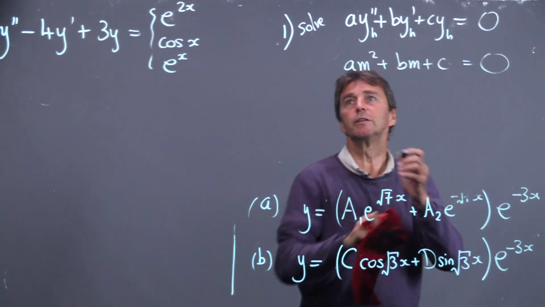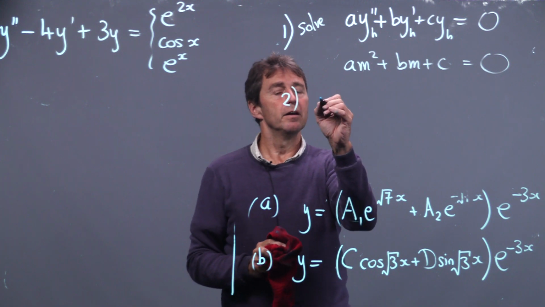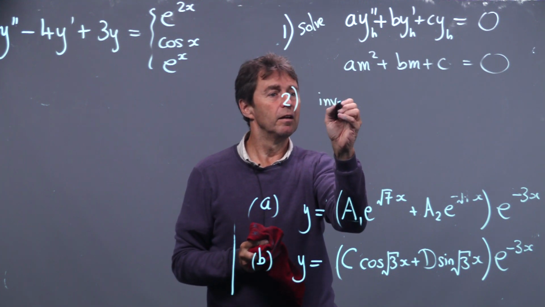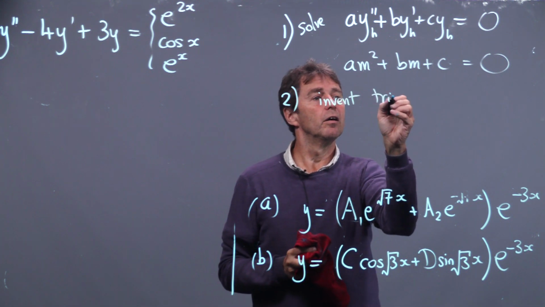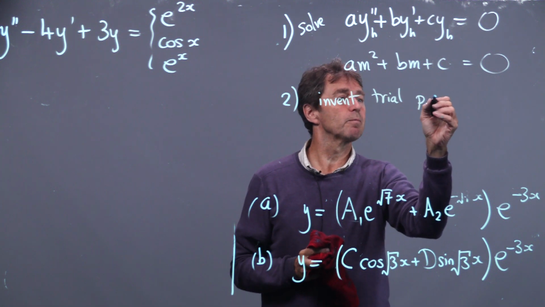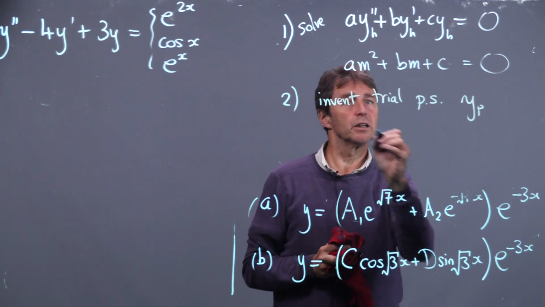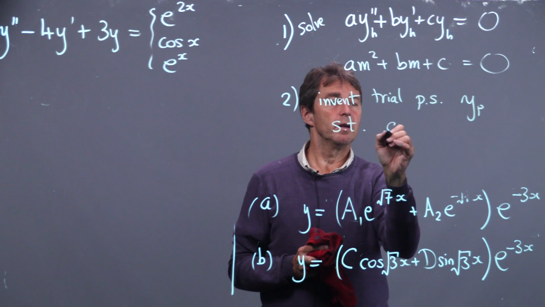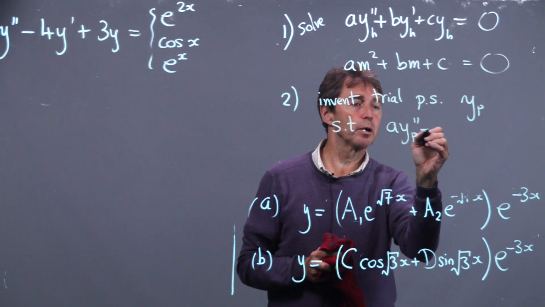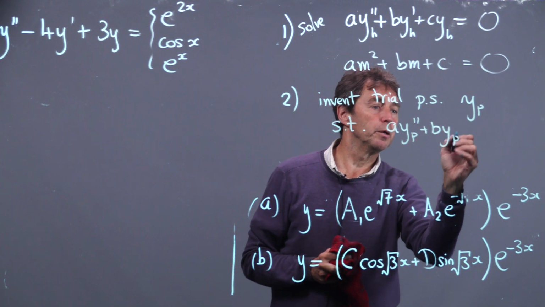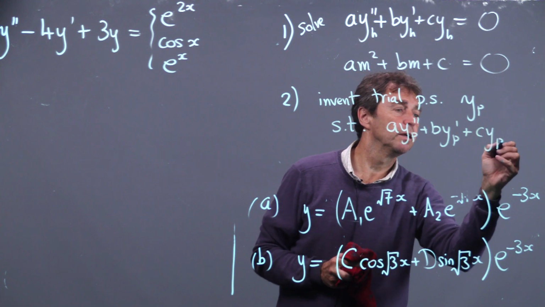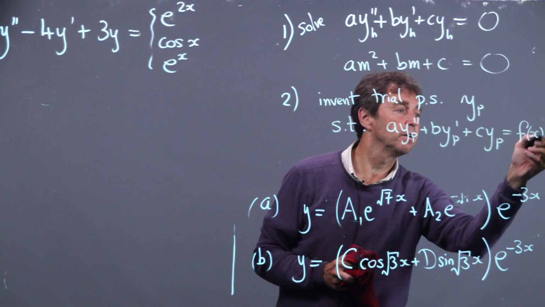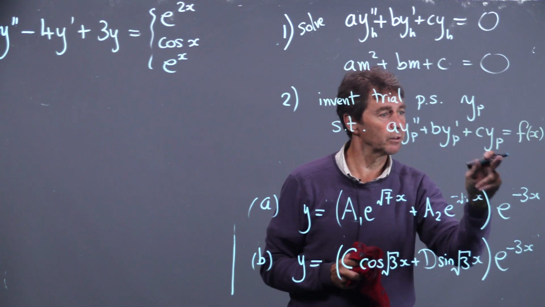Having found those, I invent a trial particular solution, yp, such that a yp double prime plus b yp prime plus c yp equals whatever's on the right-hand side. So I need to choose this thing so I get that.